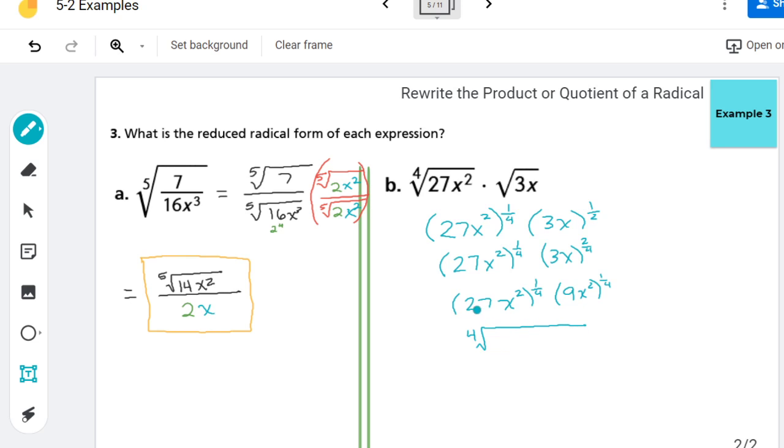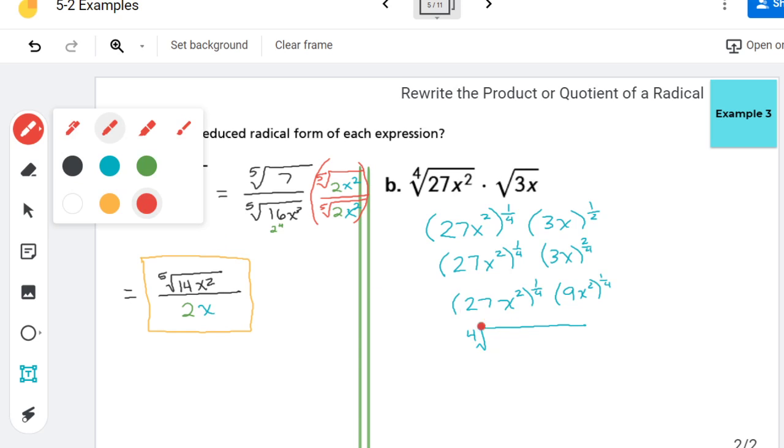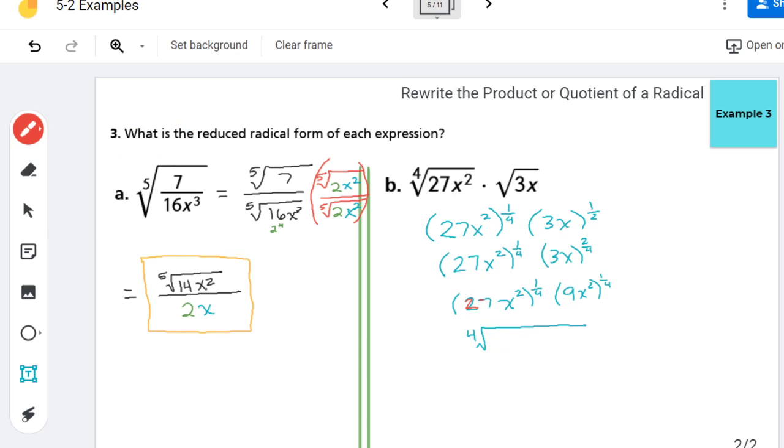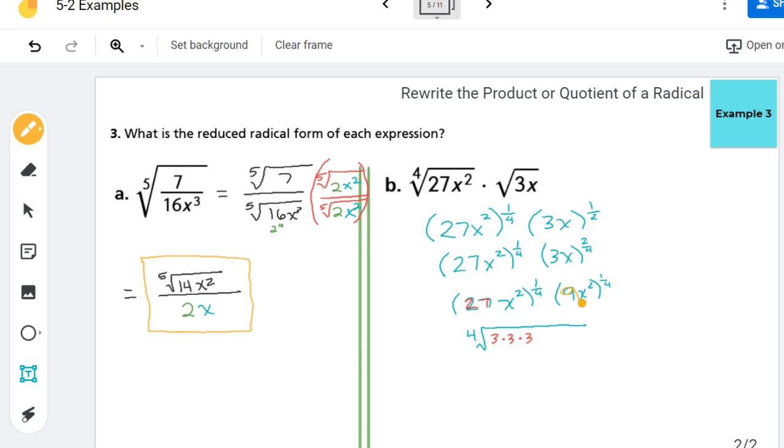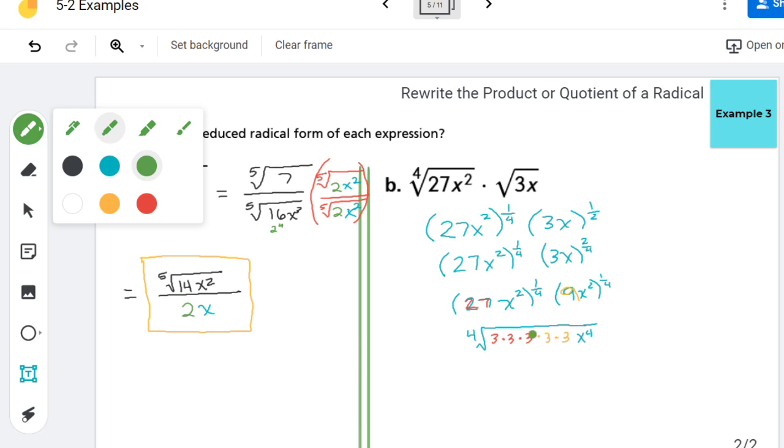So I have a 27. I'm going to get wild with it, get real colorful. That 27 is 3 times 3 times 3. I have my 9, which is 3 times 3. And how many x's do I have? Well, I have 2 there and 2 there, so I have x to the 4th. Now we're looking for 4 of a kind, because that's what my index is.